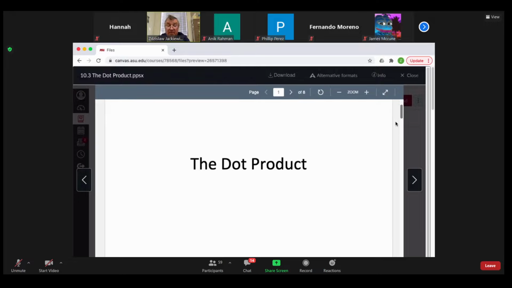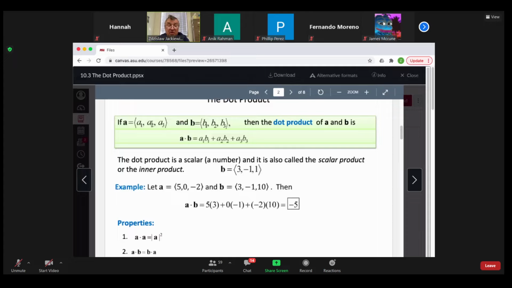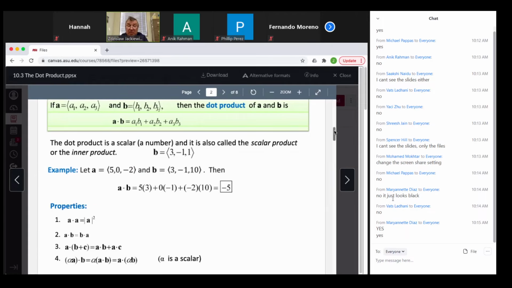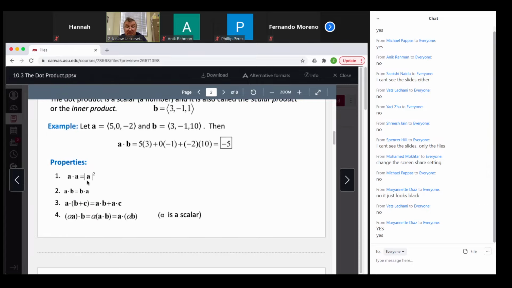So you remember when you have two vectors, A with components A1, A2, A3, and B with B1, B2, B3, the dot product, you just multiply A1 B1 plus A2 B2 plus A3 B3. So easy definition, easy to compute. We mentioned some properties. Of course, A dot A is magnitude of A squared.